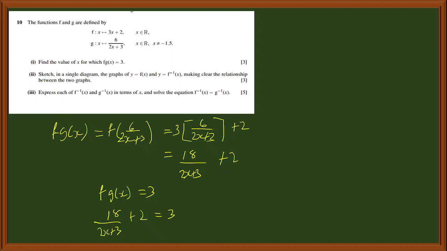In part 2, we're being asked to sketch in a single diagram the graphs of y equals f of x and y equals the inverse of f of x, making clear the relationship between the two graphs.